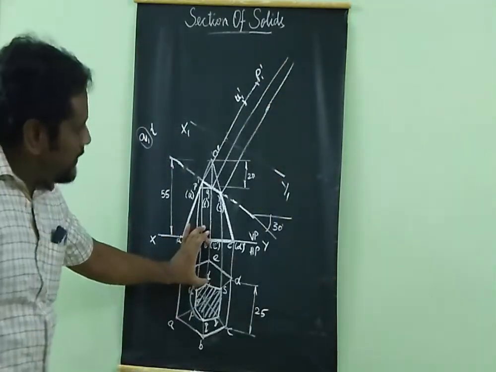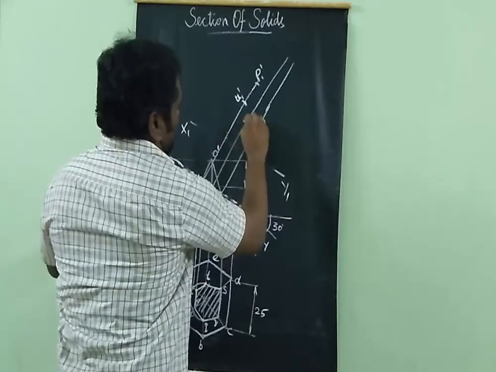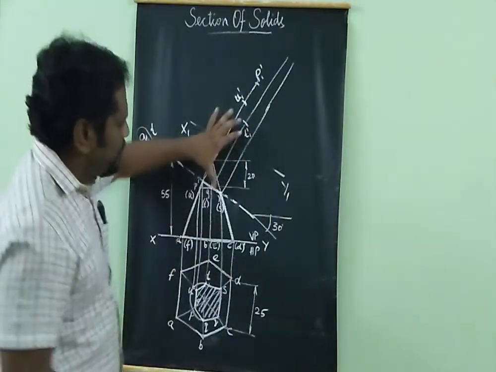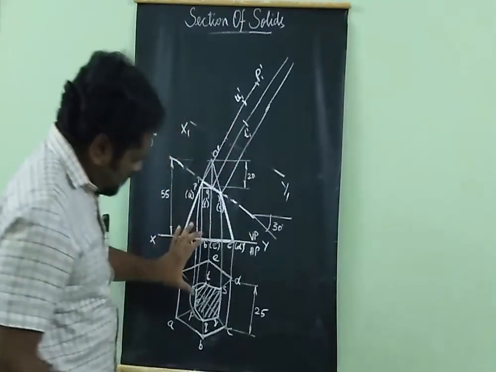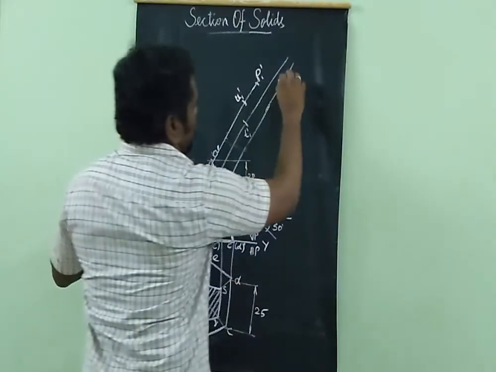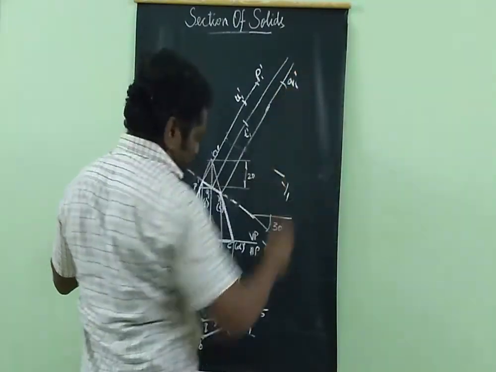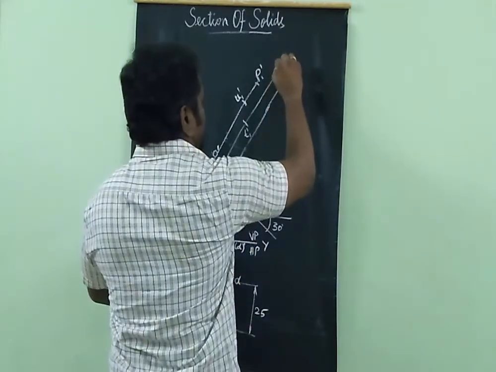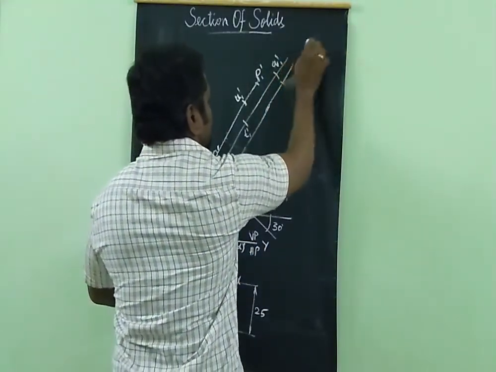Then measure the point T. So here there will be point T1 dash. Measure this point Q. We will get point Q here. Q1 dash.